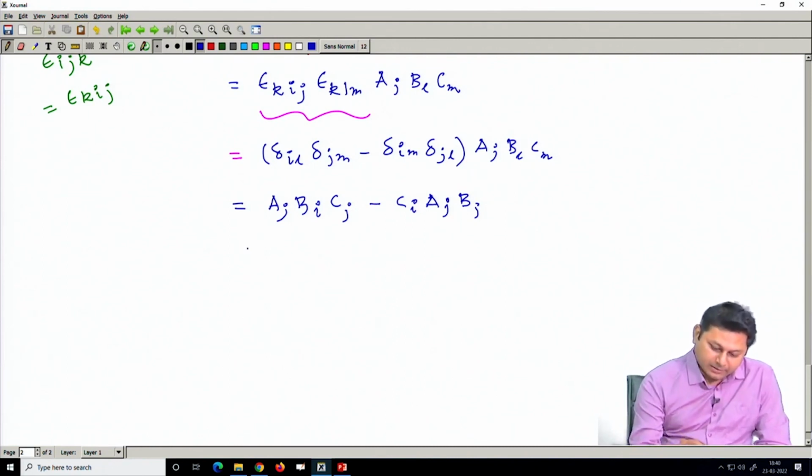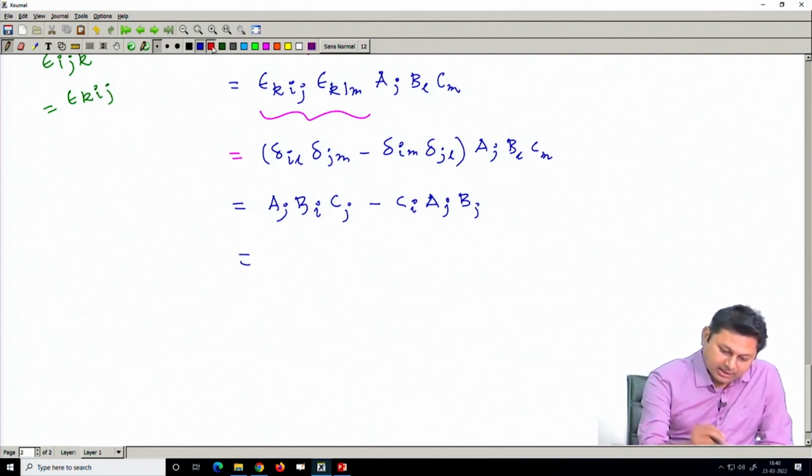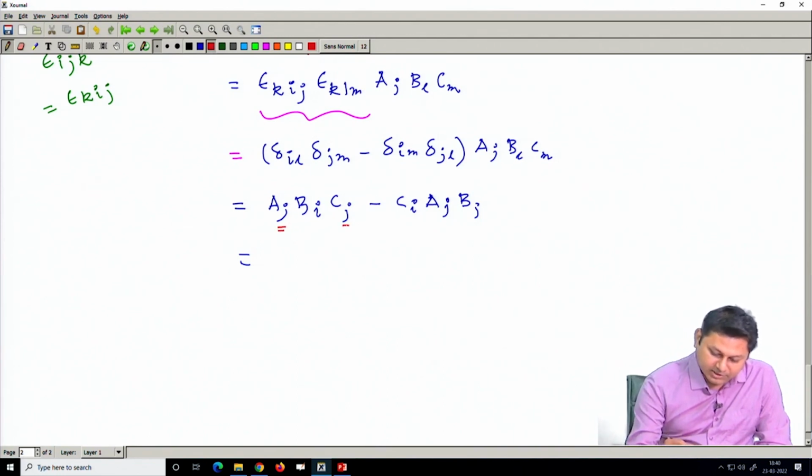Now, you can see that I am having j here and also j here. So, I can write it like B I, and in the bracket A j C j, minus C I, and in the bracket A j B j.